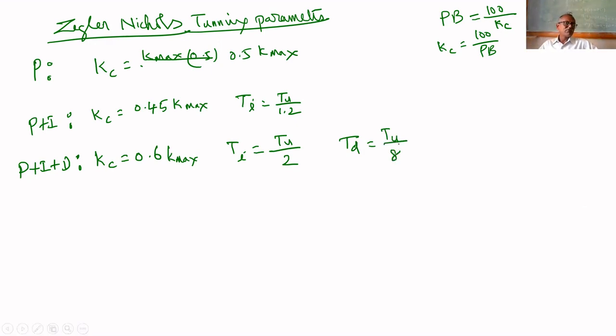These are the tuning rules for the continuous cycling method. Tuning rules are the optimum controller settings. In both ways, it can be asked: optimum controller settings.